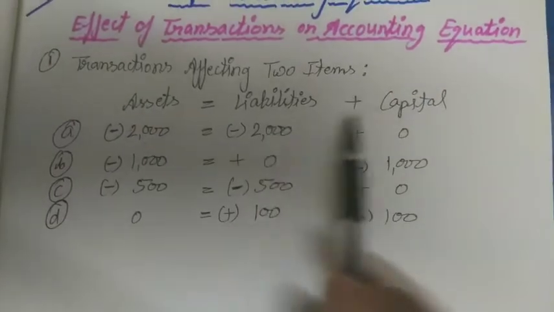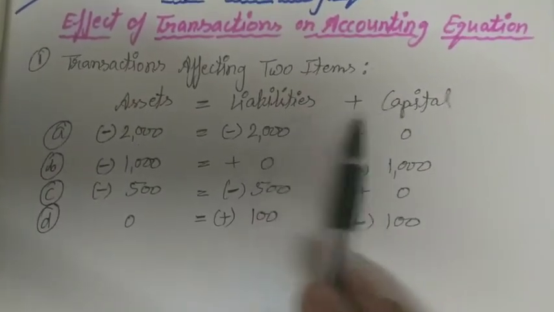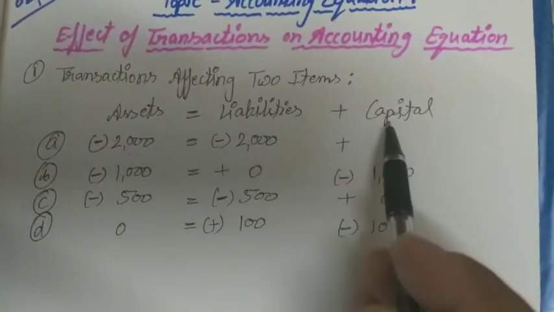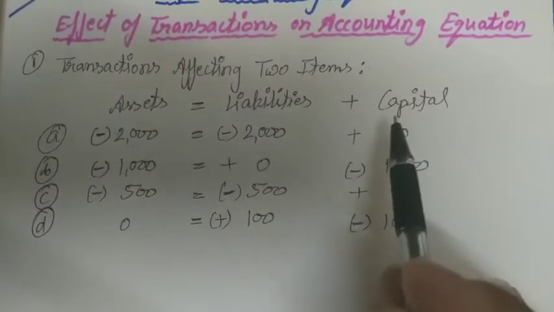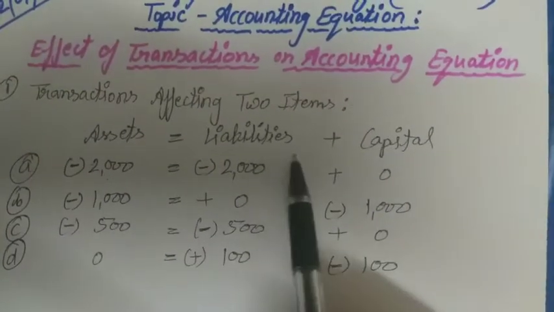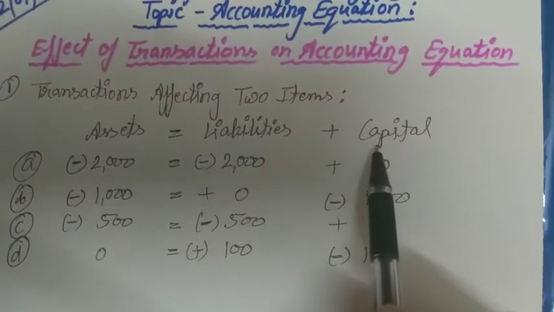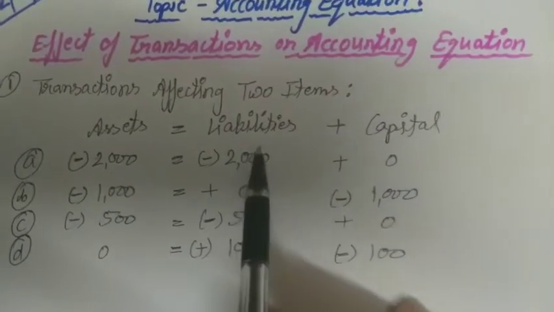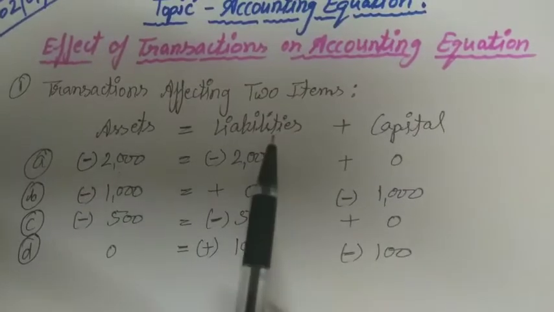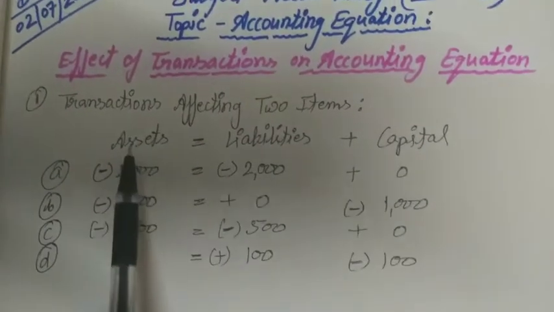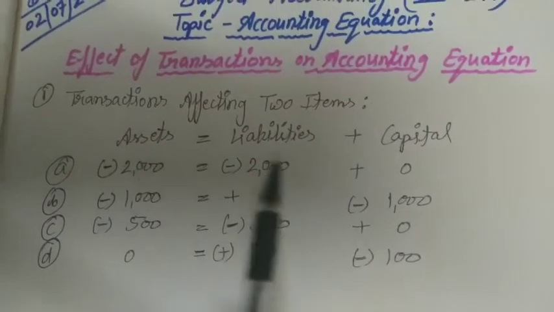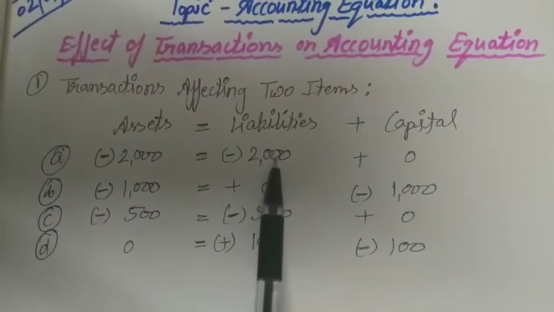If the transaction affects both items on the same side, one will add and one will subtract. If they affect the other side also, then if one is subtracting, the other is also subtracting.